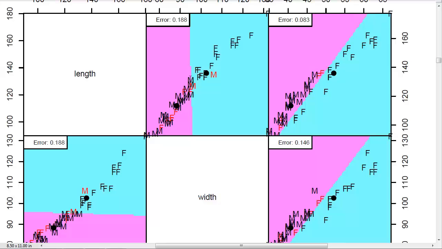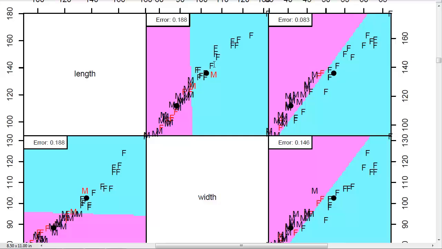And we have a magenta and a cyan partition of the plane, with the decision rule being that boundary between the 2 colors. We have M's, which are males, and F's, which are females, and anything that's black are points that are correctly classified. It's the red ones that are misclassified.